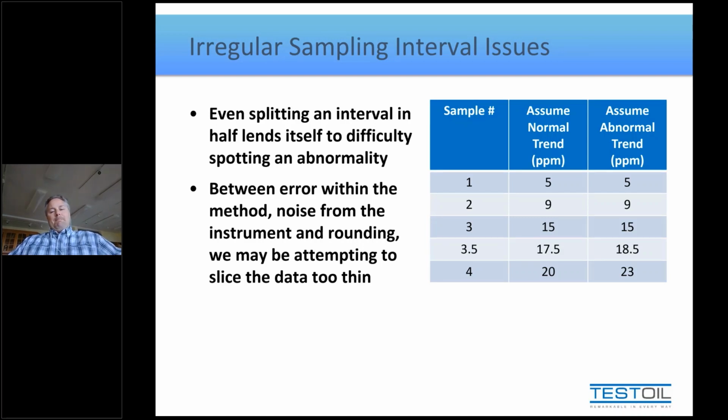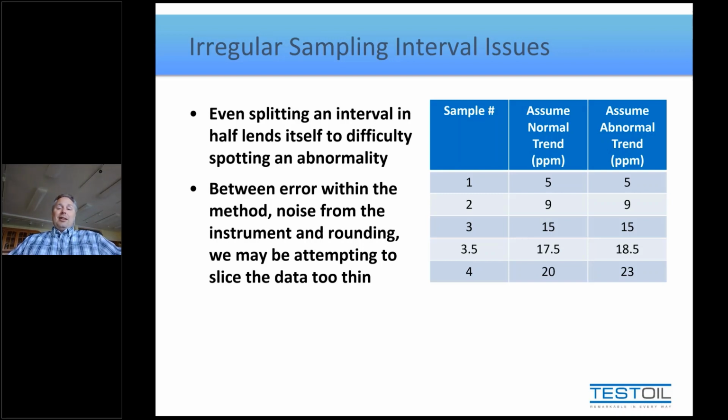Here's my point. If after sample 1, 2, 3, we think something doesn't look right, and we wait till sample number 4 and just take it at a normally scheduled time, if it was normal, it would look like 20. If it was abnormal, it would look like 23. I think that's an easy difference to spot. But if we decided that we were going to take it early, at interval 3.5 as an example, we're now trying to compare the difference between 17.5 and 18.5.